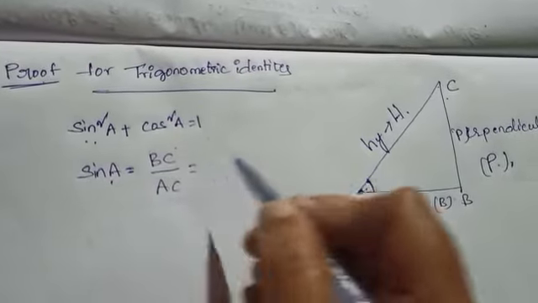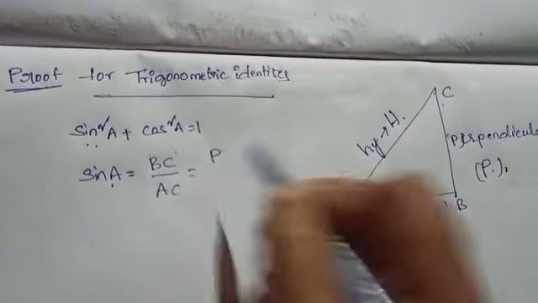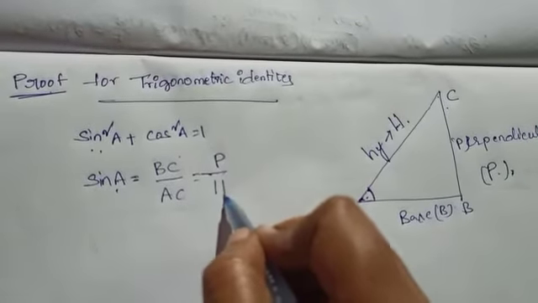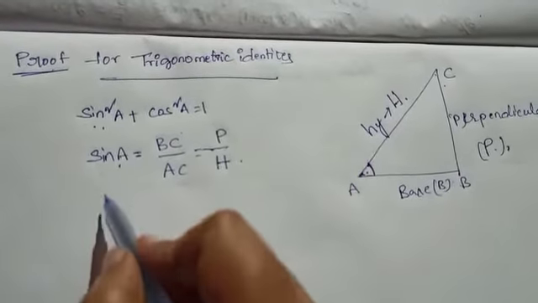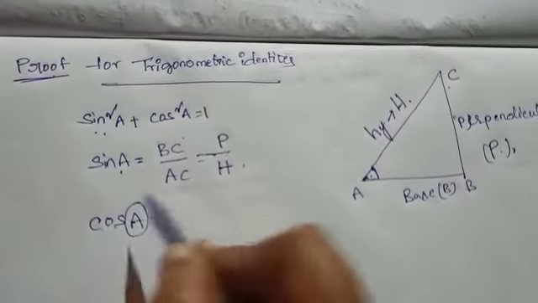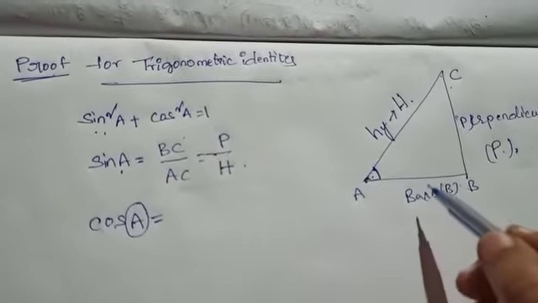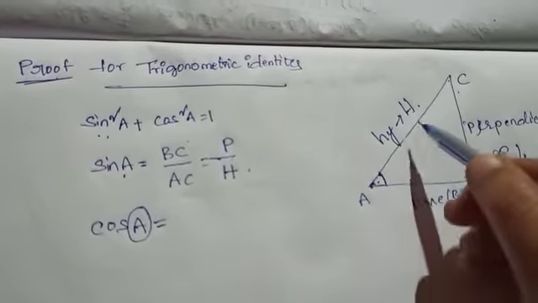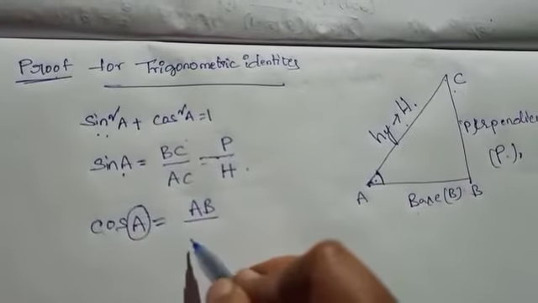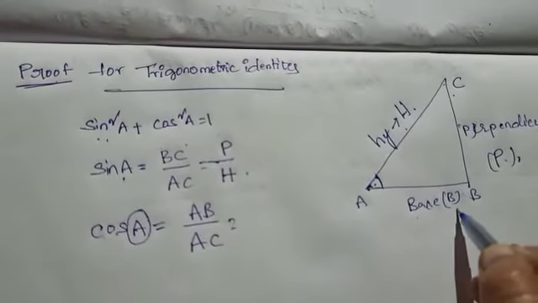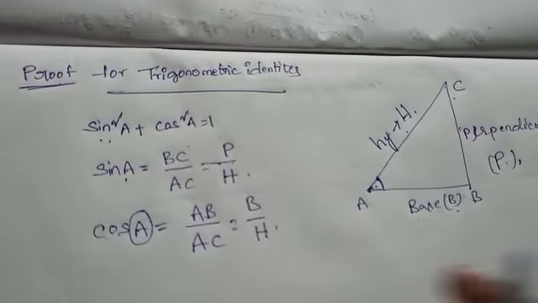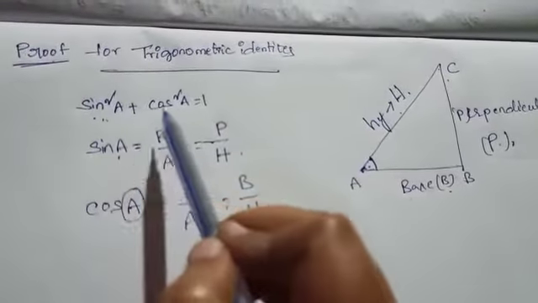BC is P and AC is H. Cos A equals side adjacent to the angle A by hypotenuse, AB by AC. AB is base B, hypotenuse is H.